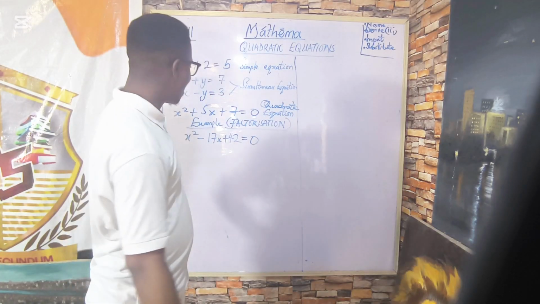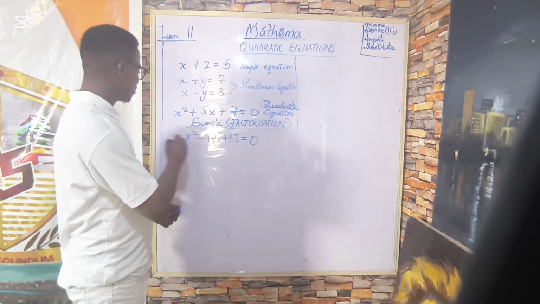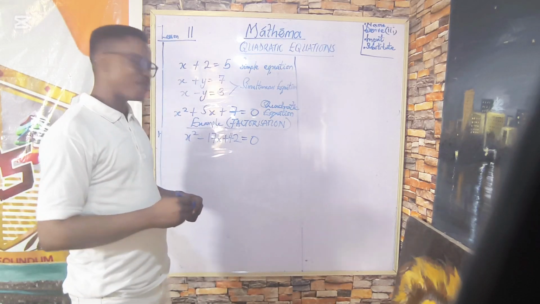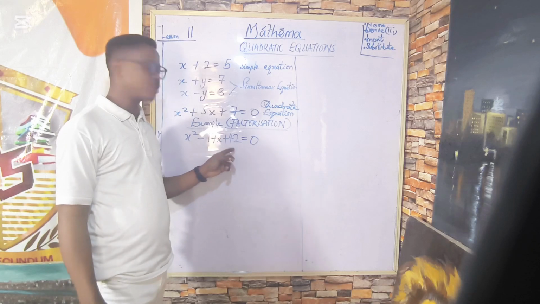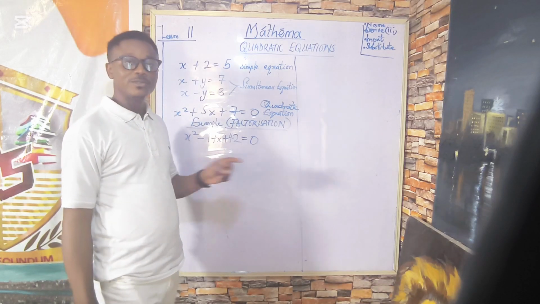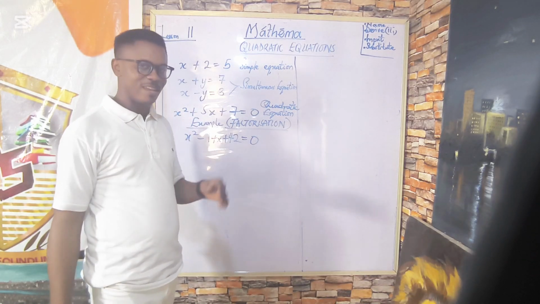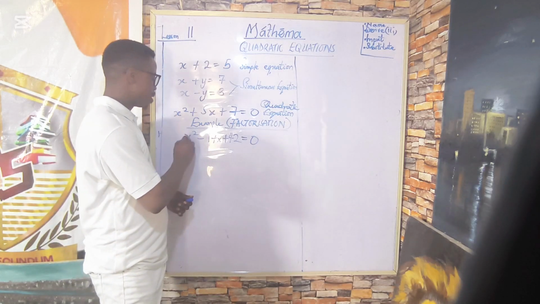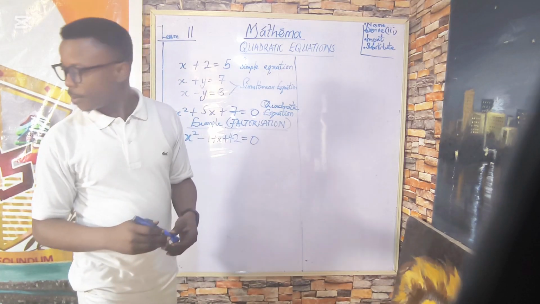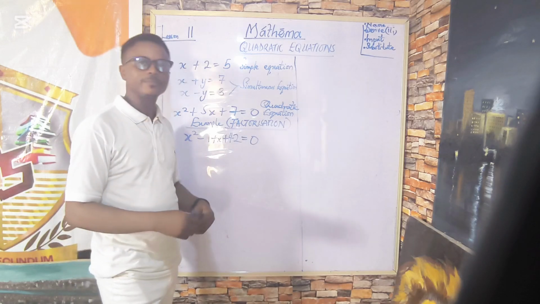Okay, so we're going to be doing our example right about now. We have a question here: x squared minus 17x plus 42 equal to 0. Like I said earlier, we identify quadratic equations by the first term.